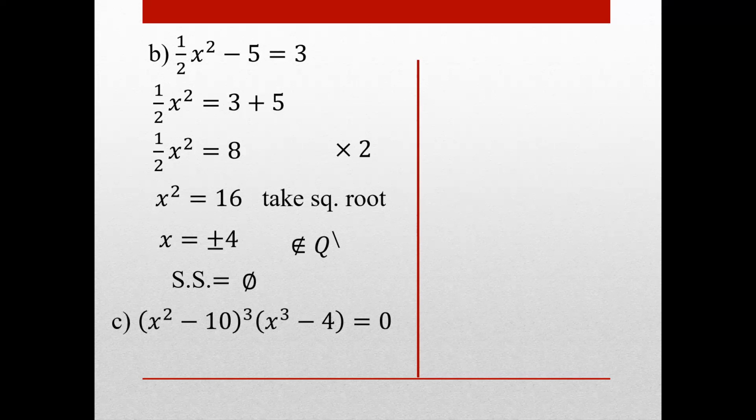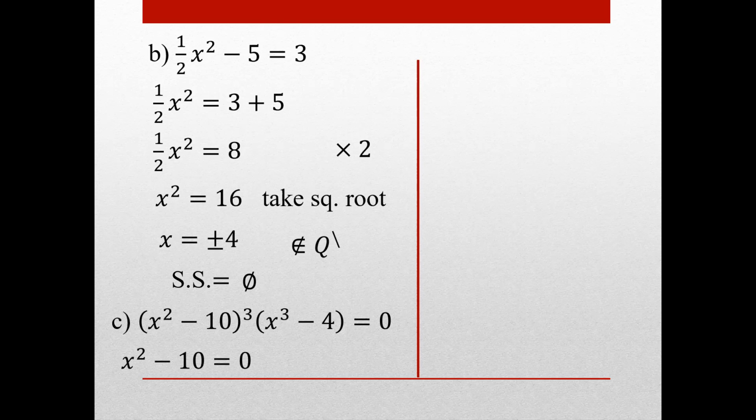From the previous fact, if the product of two numbers equals 0, that means the first number can be 0 or the second number can be 0. So here, the product of the two brackets equals 0. That means the first bracket can be 0 or the second bracket can be 0. Here we can cancel the power 3 because the other side is 0, or we can take the cube root of the two sides.